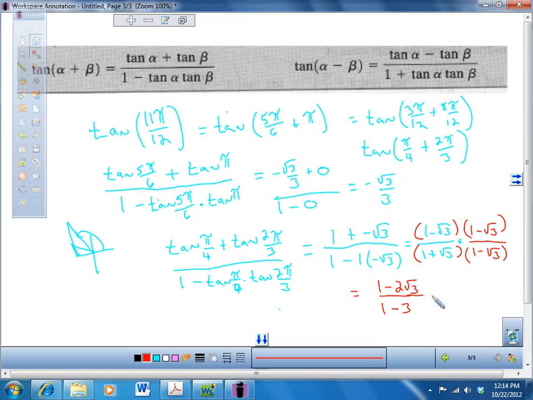And negative root of 3 times negative root of 3 gives you plus 3. Now you combine on the top: you have 1 plus 3, which is 4, minus 2 root of 3. And then on the bottom, you have negative 2.